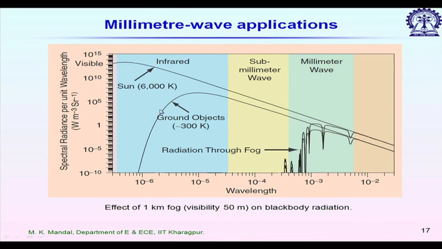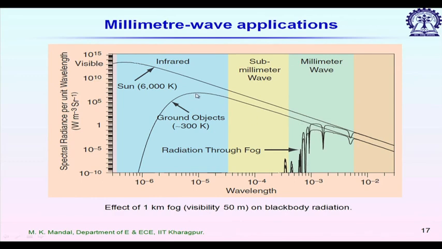Now, if I consider any ground based object, let us say the temperature is 300 Kelvin. In that case the peak value, as you see, appears approximately in the infrared frequency range. Now, if I go to the right hand side at lower frequency, first sub-millimeter wave, then the millimeter wave frequency range, the emission decreases.